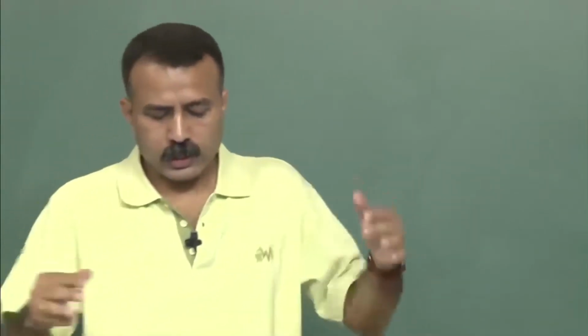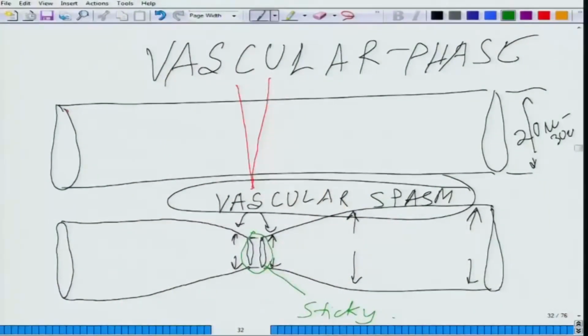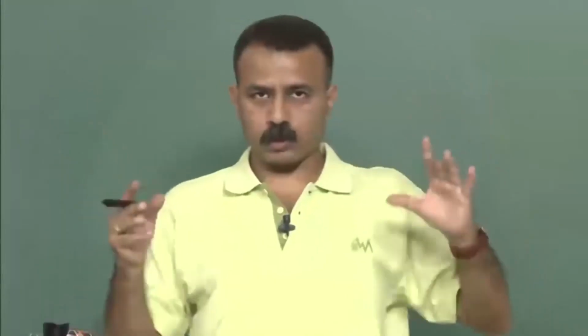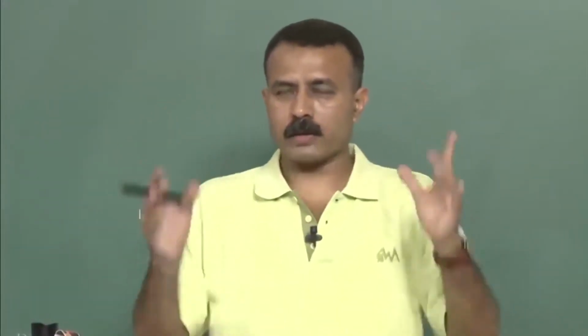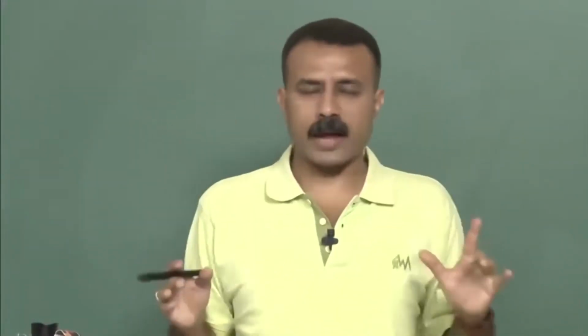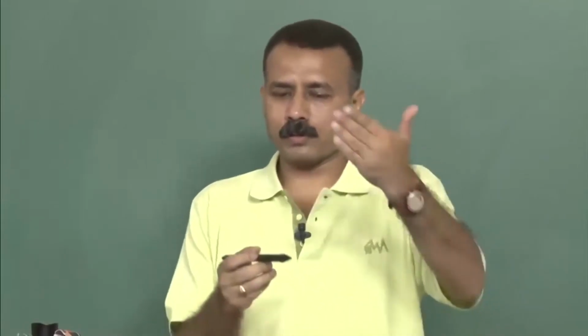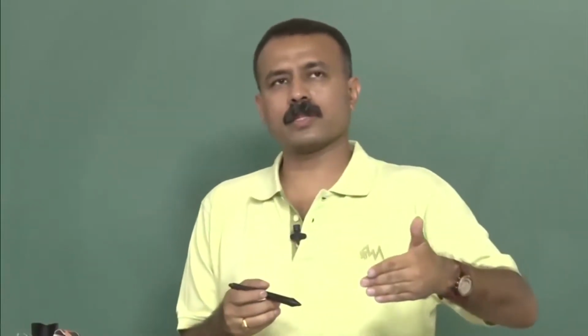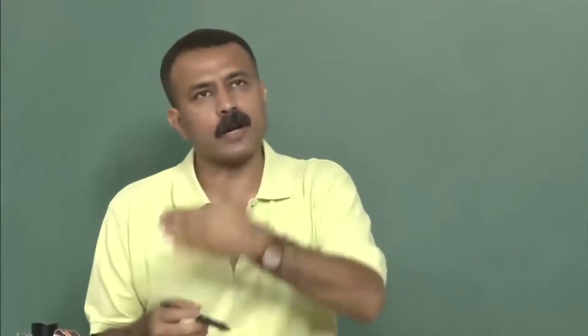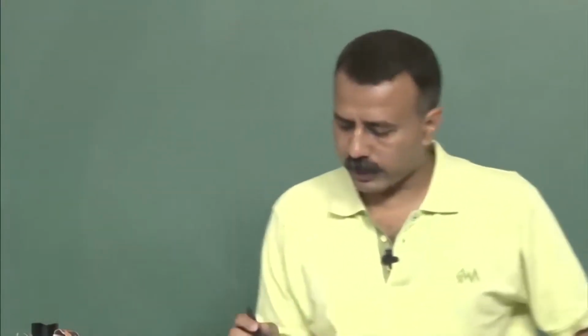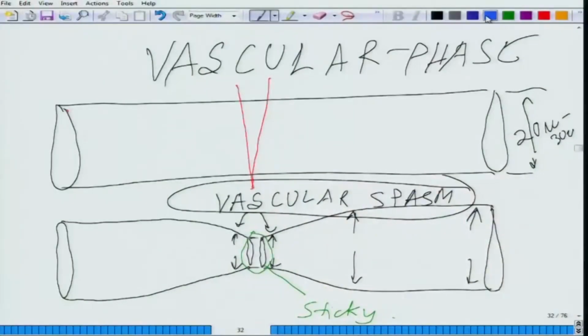These are some of the reactions which take place in the endothelial phase, and now I will put them in a diagram, so that from there we could graduate to the next level, which is essentially the platelet phase. Imagine these are the blood cells which are moving.